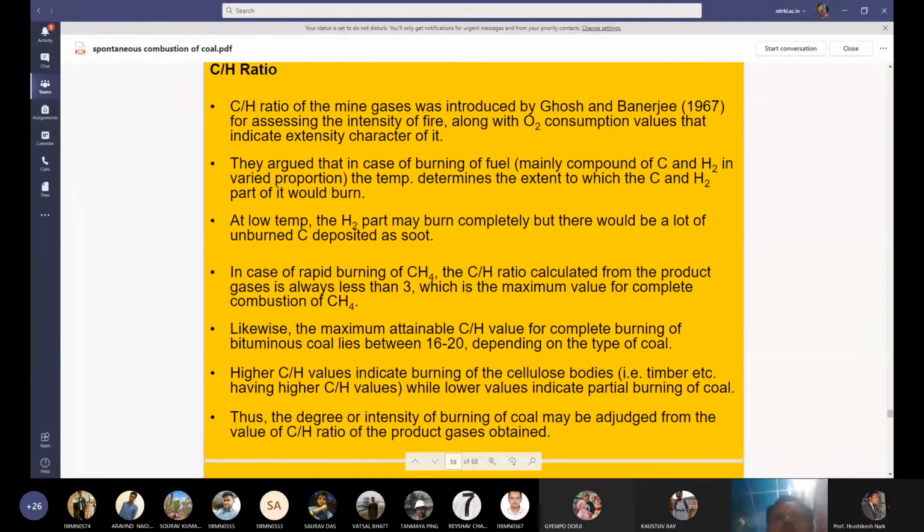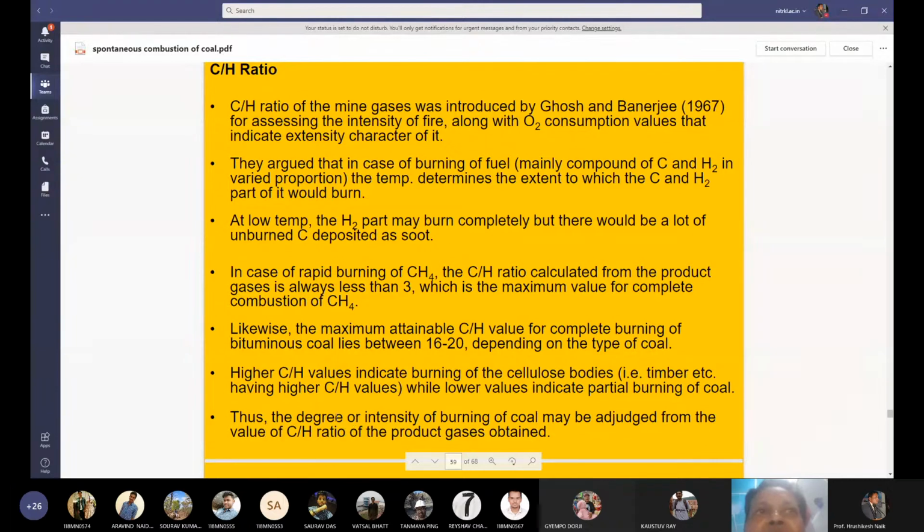So if the C by H ratio is less than 3, then it indicates the maximum value for complete combustion of methane. Higher C by H values indicate burning of cellulose bodies like timber, while lower values indicate partial burning of coal.